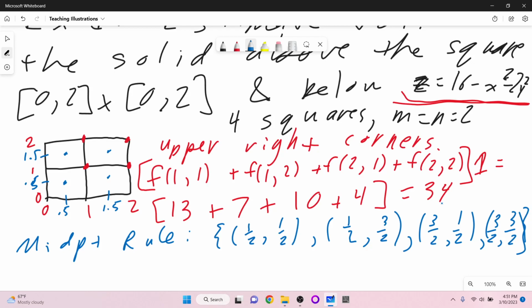If I plug in 1/2 to both of those, I get 1/4, and 2 times 1/4, so I'd get 15.25, plus 16 minus 0.5 squared minus 2 times 1.5 squared, which gives me 11.25, plus, let's see, 16 minus 1.5 squared minus 2 times 0.5 squared is 13.25. And then the last, let's make them both be 1.5.